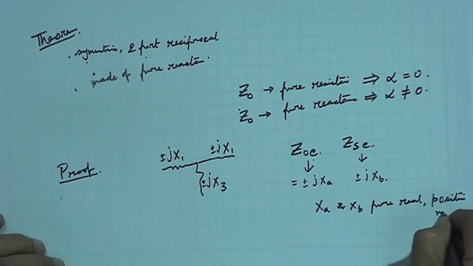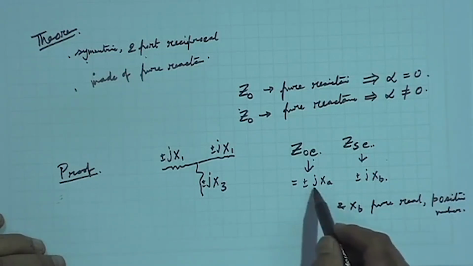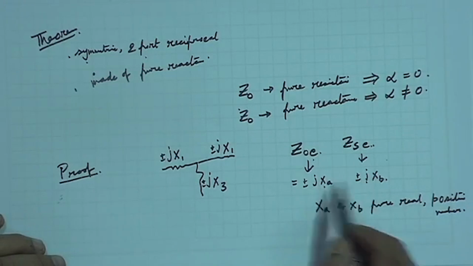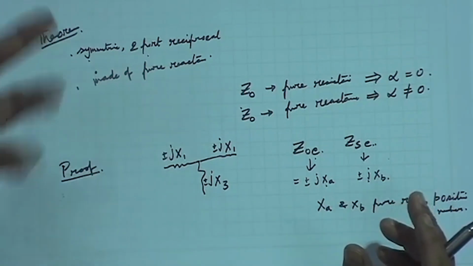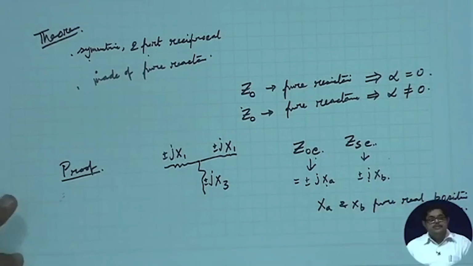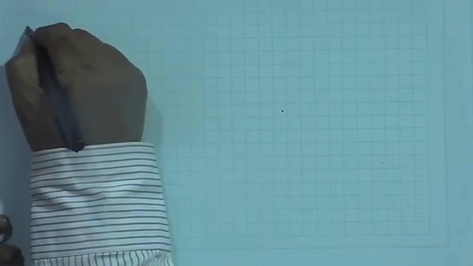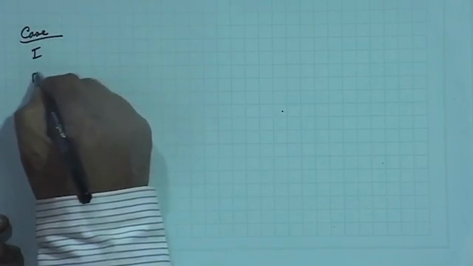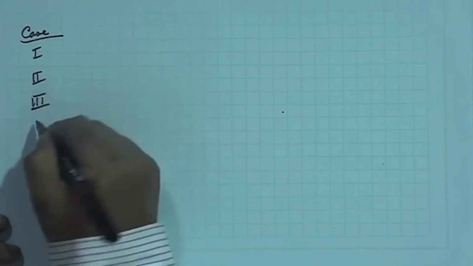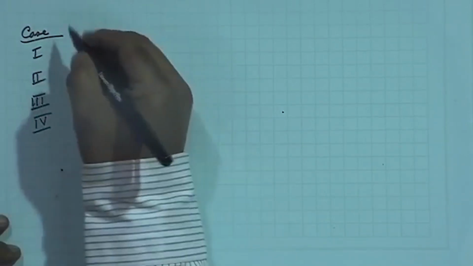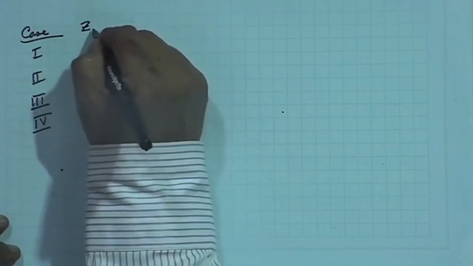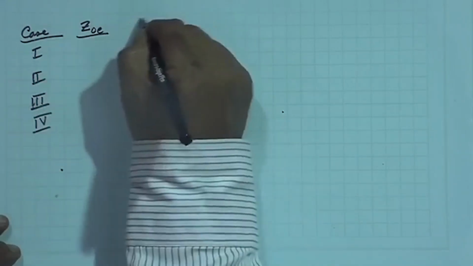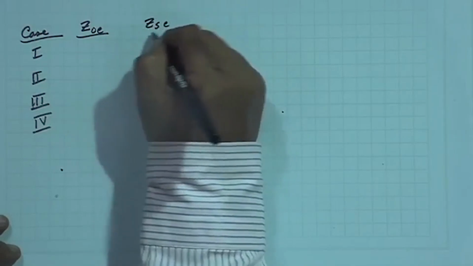You agree that since I have incorporated j, XA and XB are positive real numbers. Now, let us see, there can be several cases. I am proving the theorem. The theorem is important for filter design. Now, let me say what is ZOC, what is ZSC.